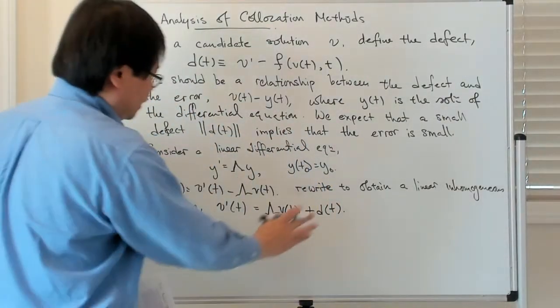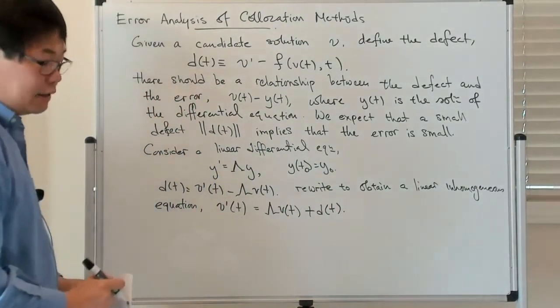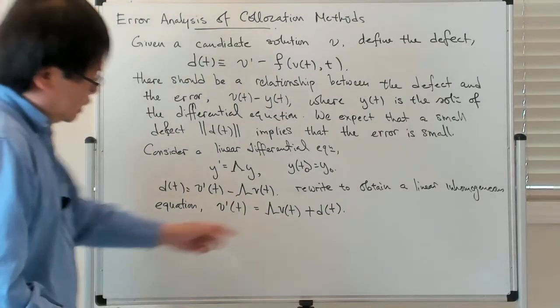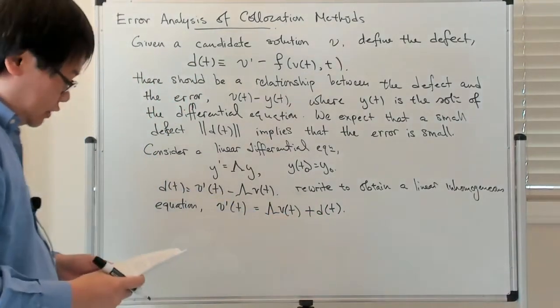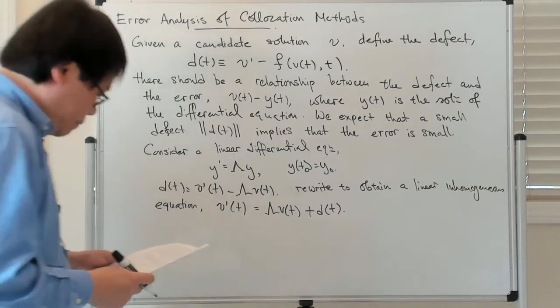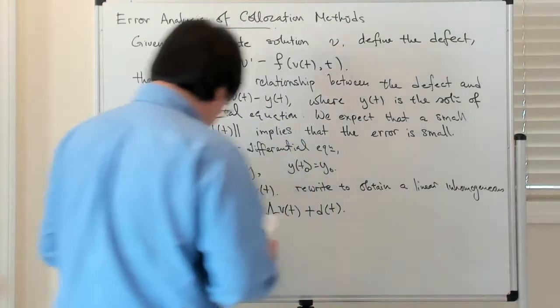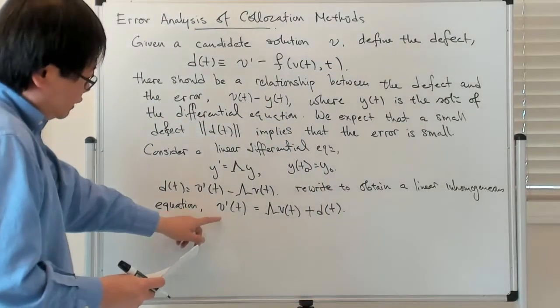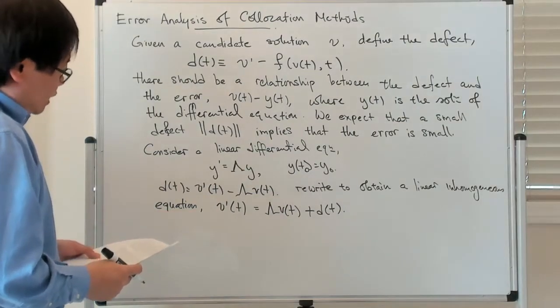If you didn't have the defect, then of course you just have a linear differential equation, but now you have the d of t term, which is an inhomogeneous term.